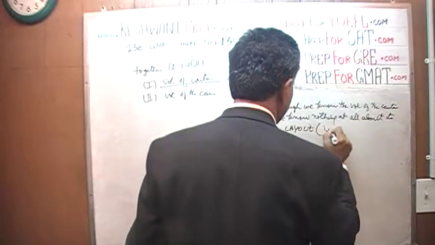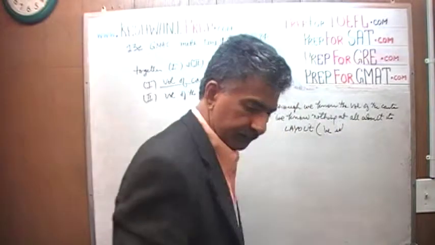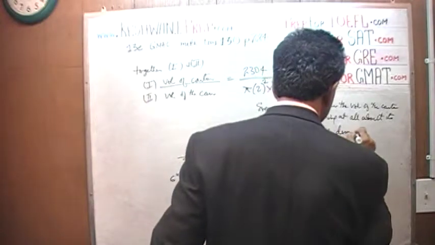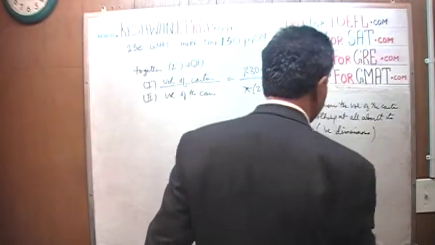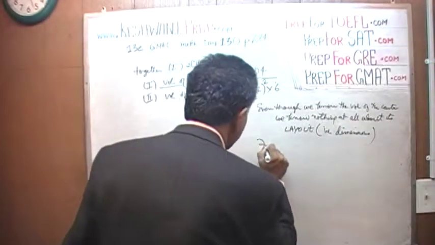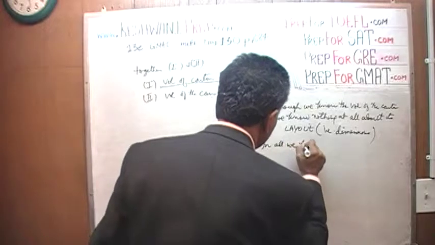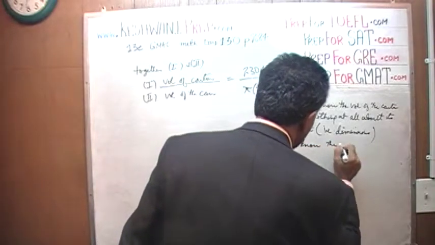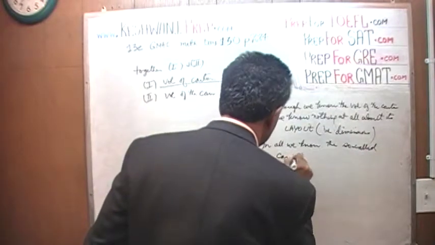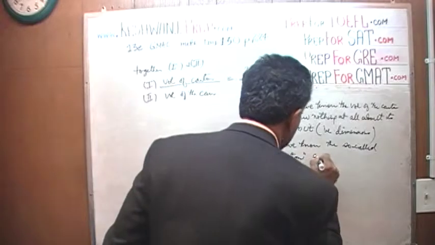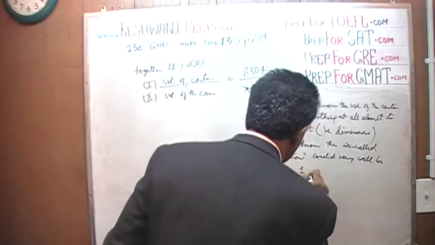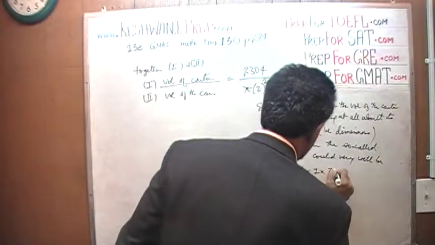In other words, we know nothing about its dimensions. We know nothing at all about the dimensions of the carton. For example, for all we know, the so-called carton could very well be 1 by 1 by 2304.